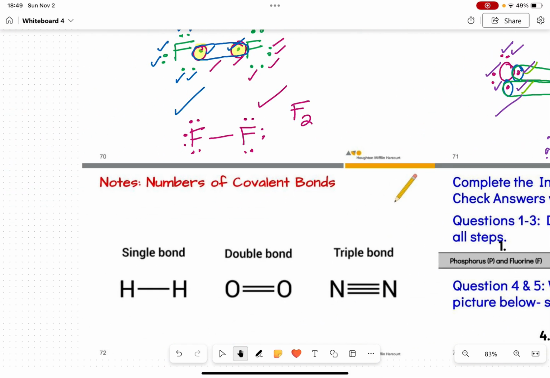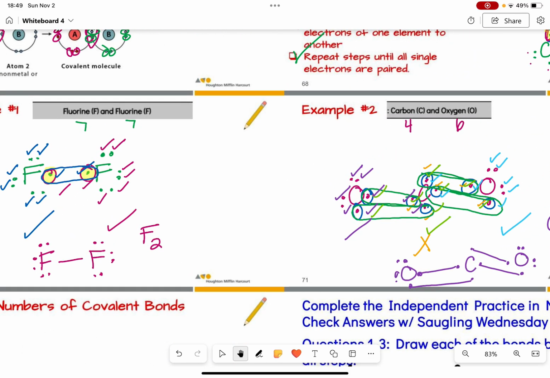And so looking at F2 and CO2, you can see that F is connected once to the other F, but between a C and an O is connected twice. And so there are different numbers of bonds depending on how many times they're connected between a pair of elements.